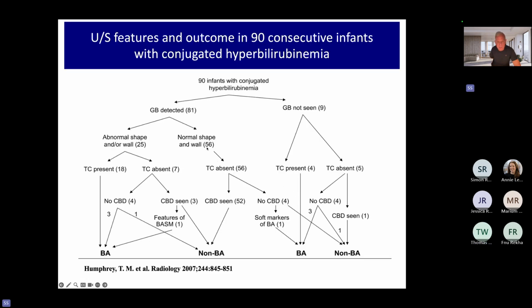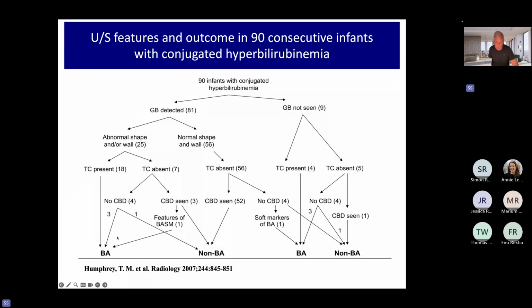So in 56 patients who had a normal shape and wall of the gallbladder, only 1 had biliary atresia. If the gallbladder was abnormal, that's 25 out of 81, 18 of those had a triangular cord, all of those had biliary atresia.